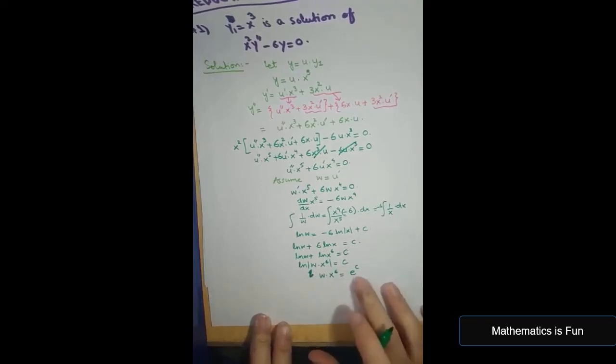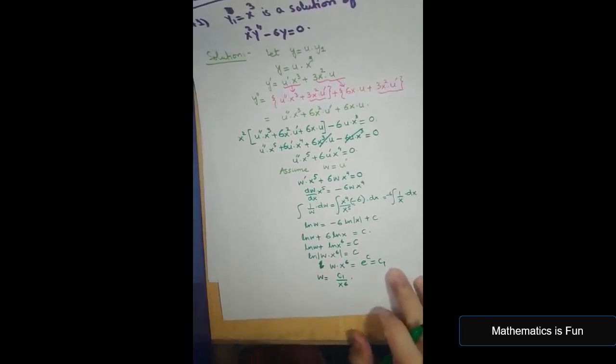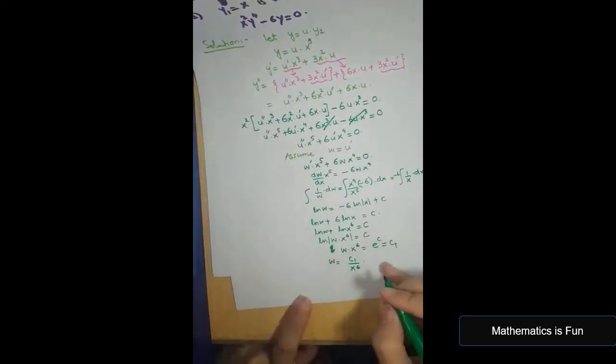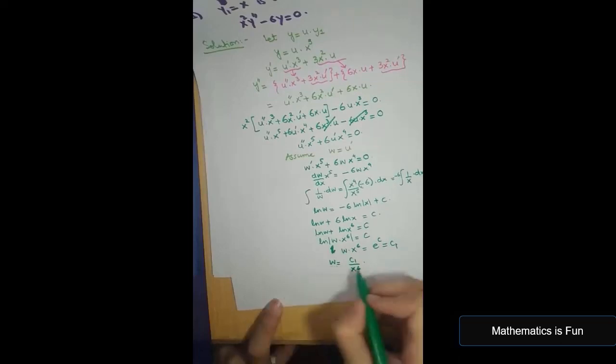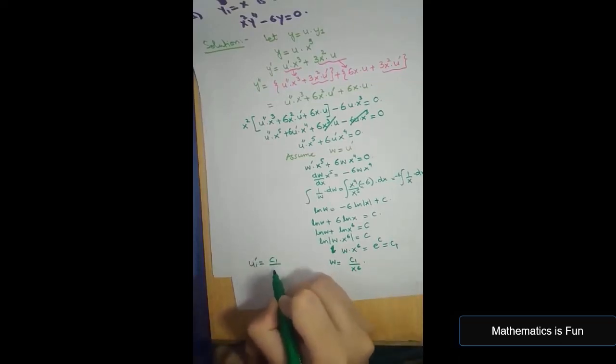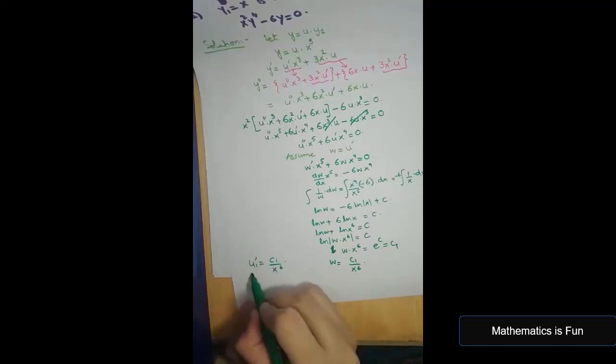So you can say that w equals c1 divided by x to the power 6. Okay, right. Replacement of these terms: w is basically u dash. So u dash equals c1 divided by x to the power 6.